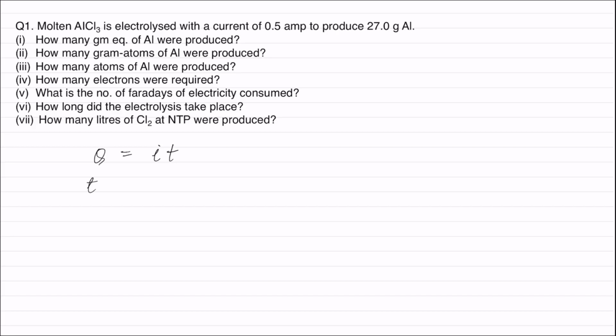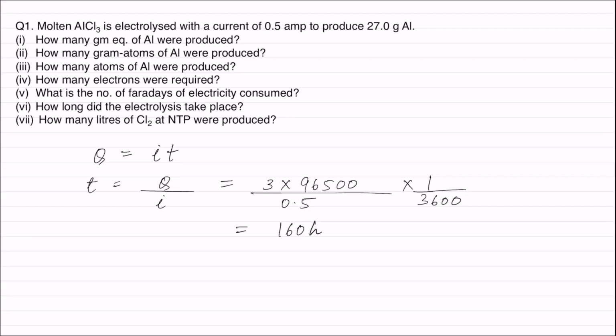From this, T will be equal to Q divided by I, and this is equal to 3 into 96500 coulombs divided by the current, which is 0.5 amperes. This will give the time in seconds, and dividing this by 3600 will give the time, which is equal to 160 hours and 50 minutes. This is the sixth part of the question.